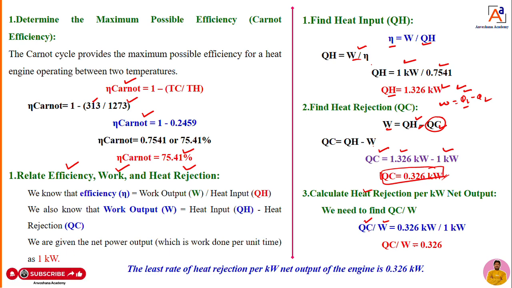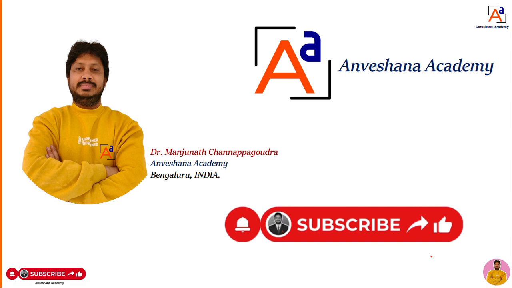That means QC divided by W is equal to 0.326 kilowatt per kilowatt. That is the heat rejected from the engine to the sink. So therefore the least heat rejection per kilowatt net output is 0.326 kilowatt. This is the final answer, dear students.